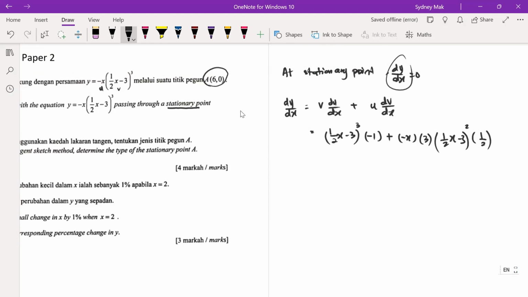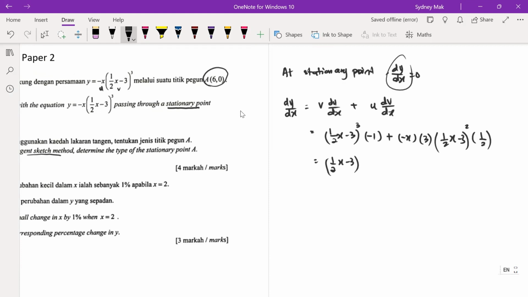Therefore we can simplify it, or we can just leave it, because we need the dy/dx to find the type of the stationary point by using the tangent sketch method. Simplifying is fine, and not simplifying is fine as well, but I choose to factorize.